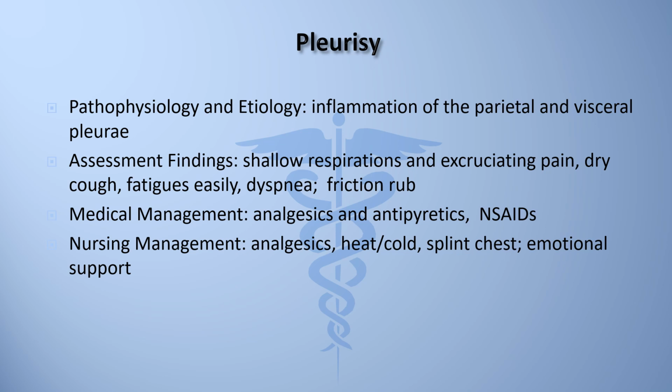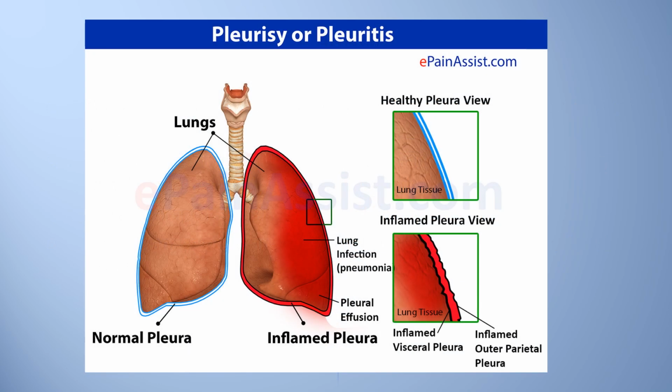Nursing management: we can apply heat and cold pads, splint the chest, and this can be done by turning the patient onto the affected side. And emotional support. Here is an image of what a normal lung would look like compared to one that has pleurisy.